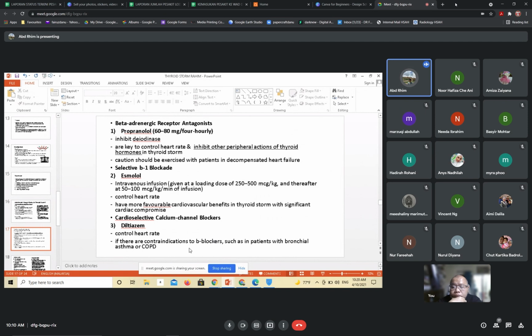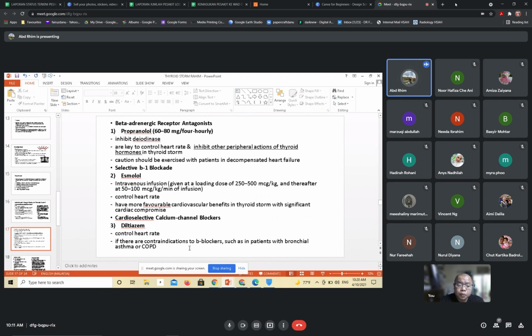It controls heart rate and has more favorable cardiovascular benefit in thyroid storm with significant cardiac compromise. And the last one is CCB, cardio-selective calcium channel blocker, for example diltiazem. It also controls heart rate, and if there is a contraindication to beta blocker, such as in patients with asthma or COPD, this one can be administered.